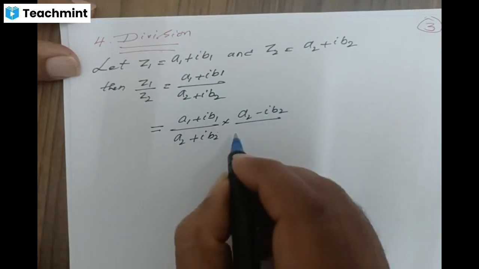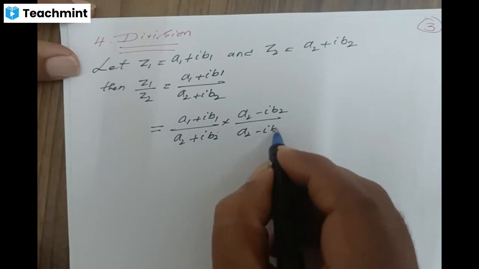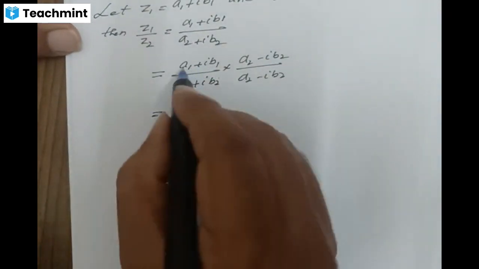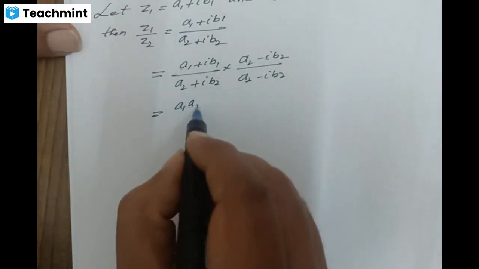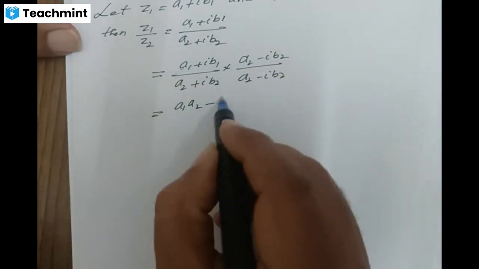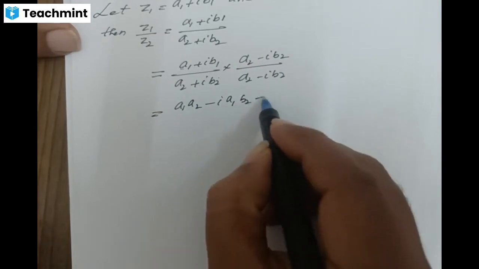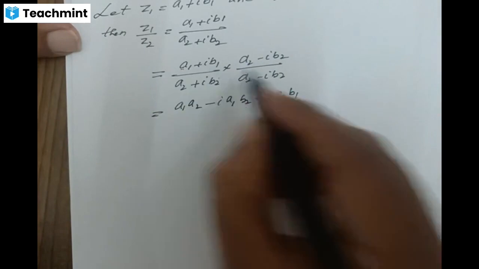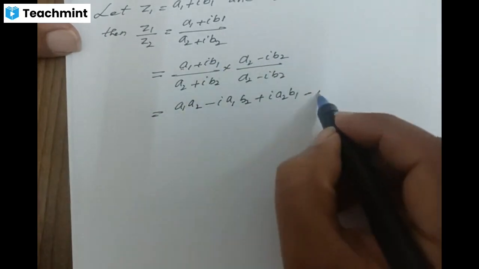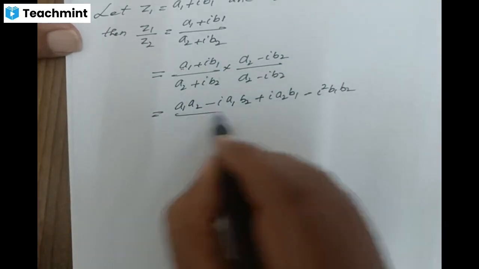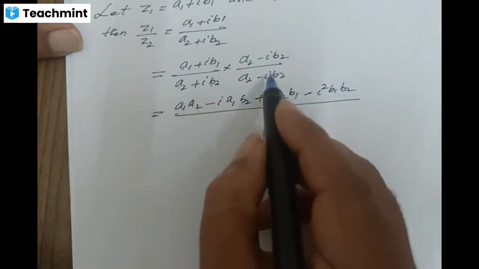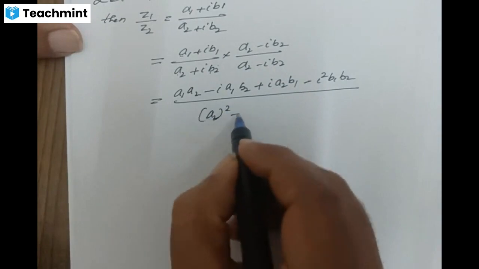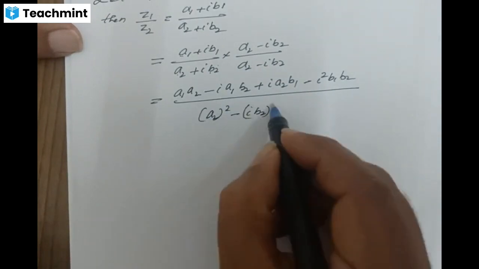Just multiply and divide by a2 minus i b2. In the numerator: a1 a2 minus i a1 b2 plus i a2 b1, minus i into i square b1 b2. Denominator it is a plus b into a minus b, we can write a square minus b square. That means a2 whole square minus i b2 whole square.